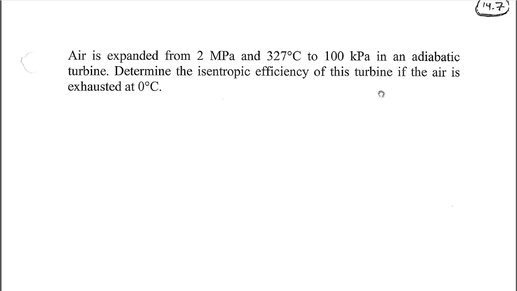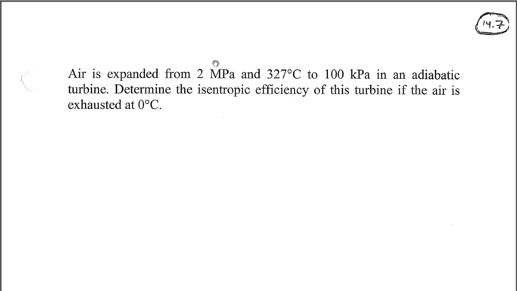If this were an ideal turbine, such that this was the ideal exit state, the isentropic efficiency of the ideal turbine is 100%, right? So you wouldn't have to do any analysis at all. It's already known to you that the isentropic efficiency of the ideal device is 100%.